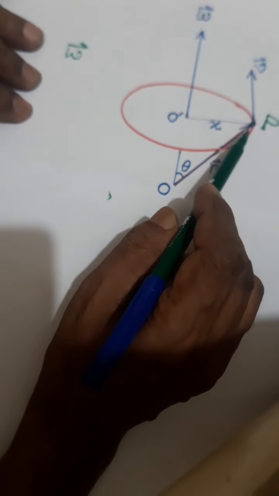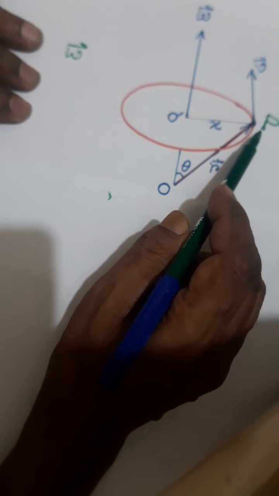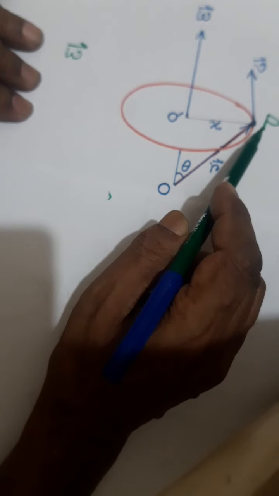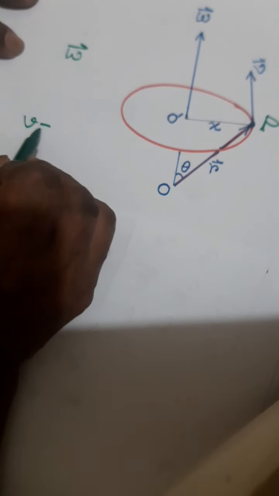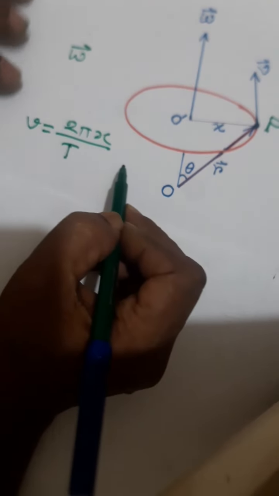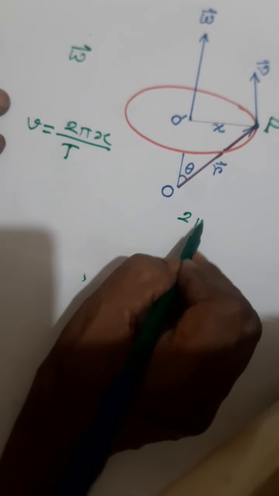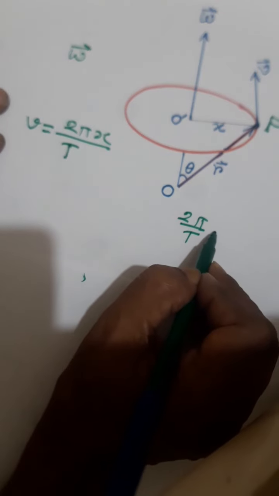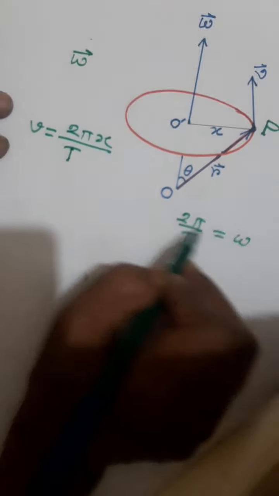Then OP will be the position vector of the point P at that instant. The magnitude of the linear velocity v is equal to 2 pi x divided by T. T is the period of motion. 2 pi by T is the angular velocity omega.